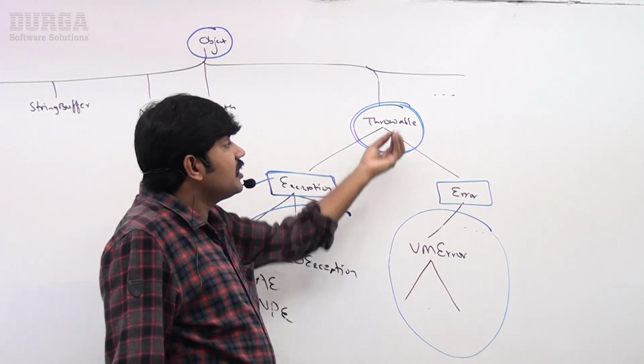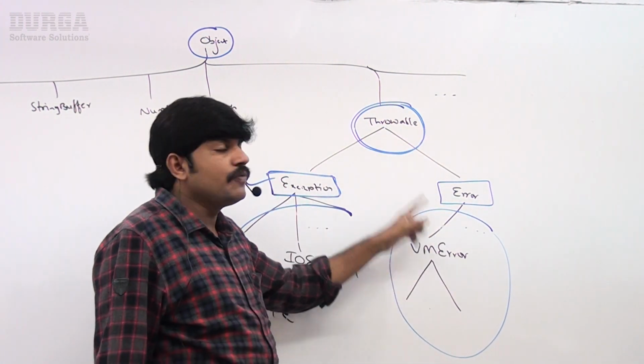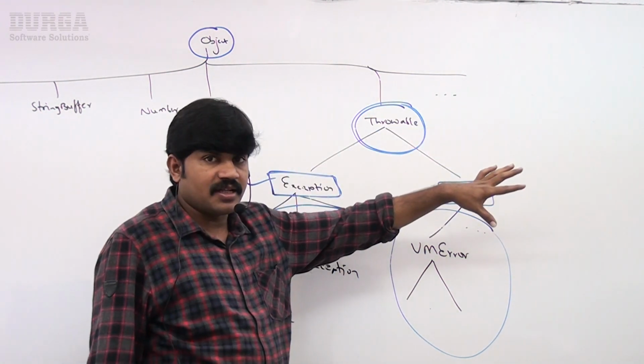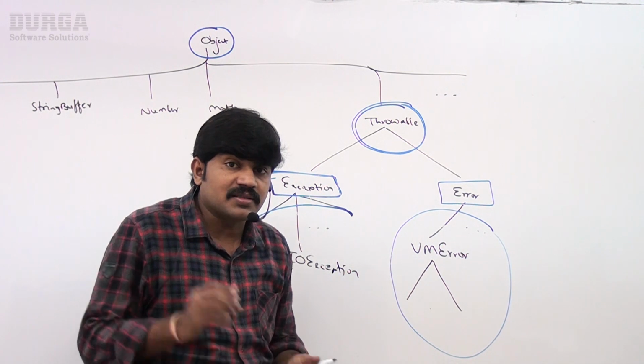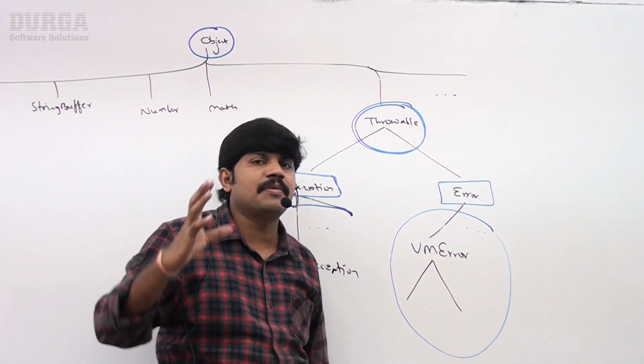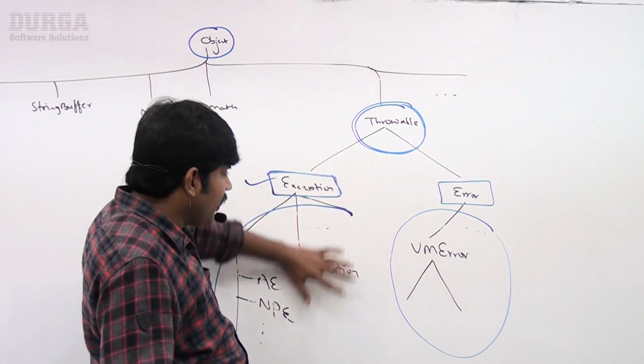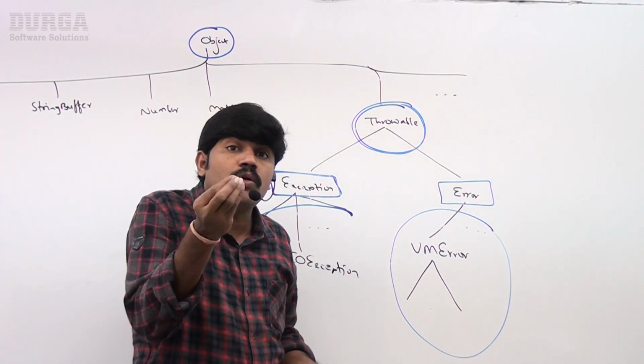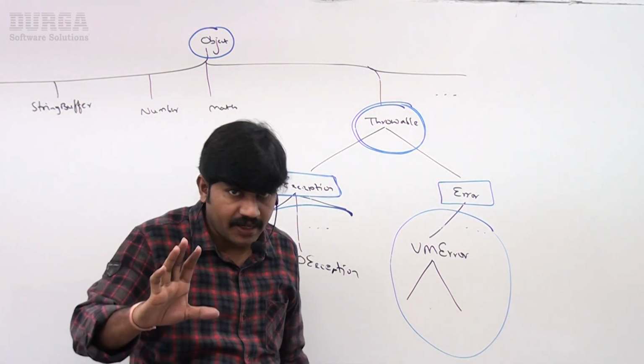Because it contains the common methods, it is the parent. So the Throwable class contains the most common methods required for all exceptions and errors. That's why the Throwable class acts as the root for the Java exception hierarchy.